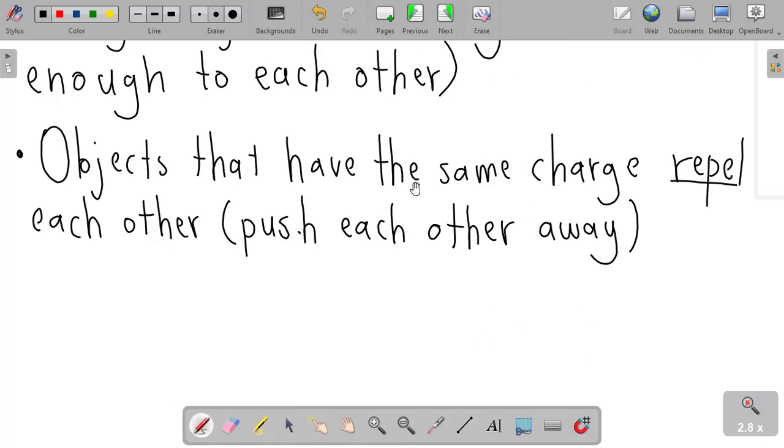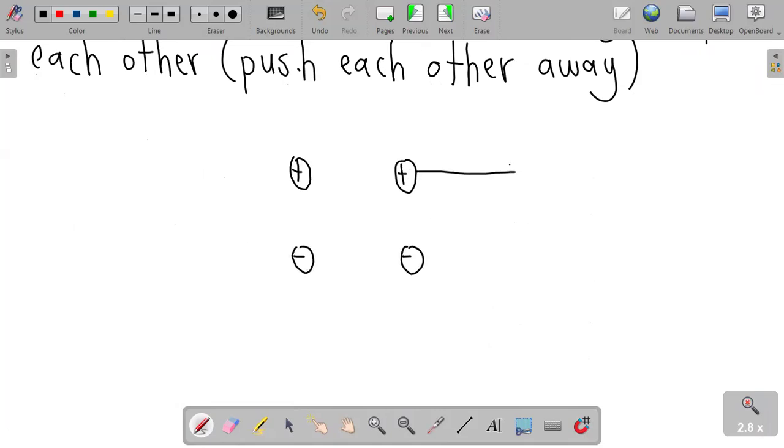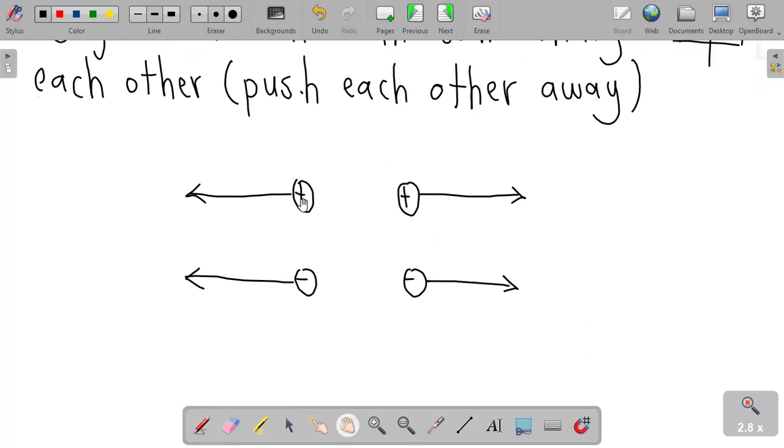It could be a positive charge and a positive charge, or a negative charge and a negative charge. So a positive charge will push a positive charge away, and a negative charge will push a negative charge away. You can say they repel each other.